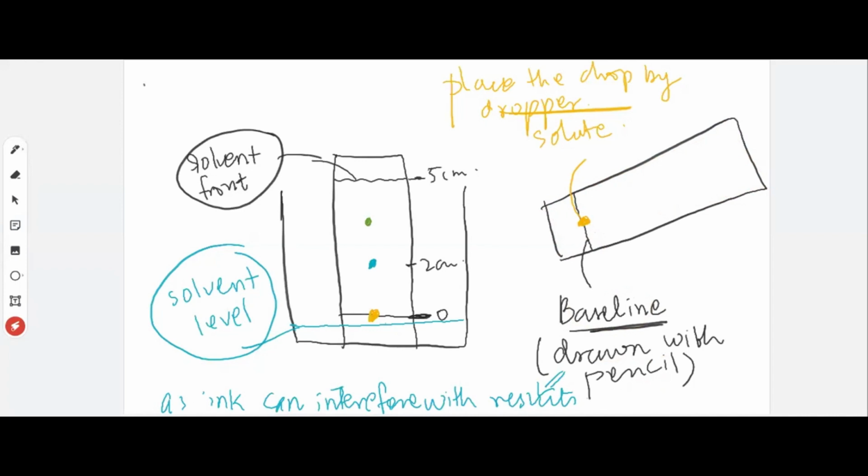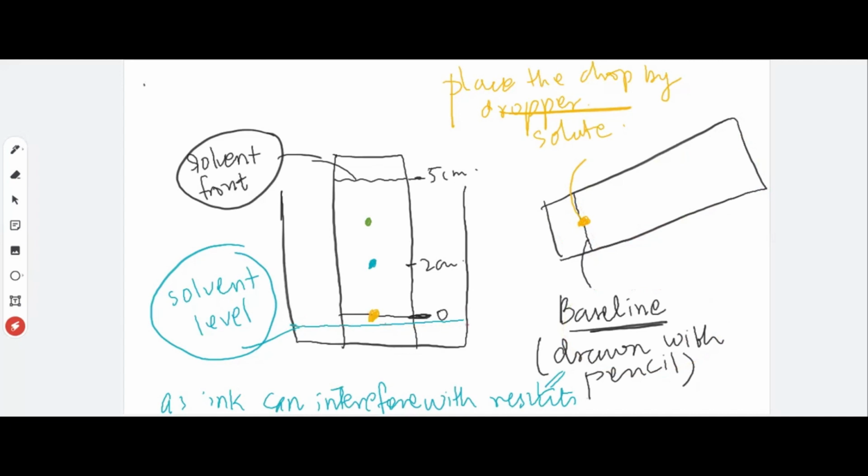So we are doing chromatography at the moment. We have chromatography paper, on which we first place a baseline, and that baseline we drew with pencil. And then we place the solute to be tested over here. Then we place it in the beaker and make sure that the baseline is above the solvent level.